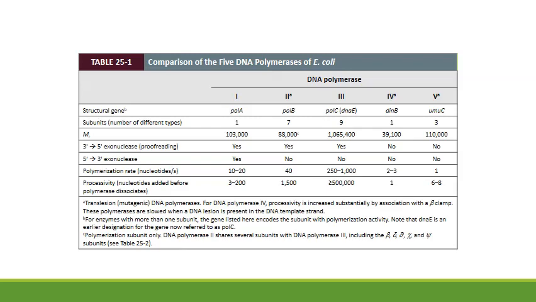You can see that the polymerization rate differs between most of them. DNA polymerase 3 has the highest polymerization rate. Then there's the processivity, the number of nucleotides you can add before the polymerase dissociates. You can see that rate for DNA polymerase 3, that main polymerase, is very high.